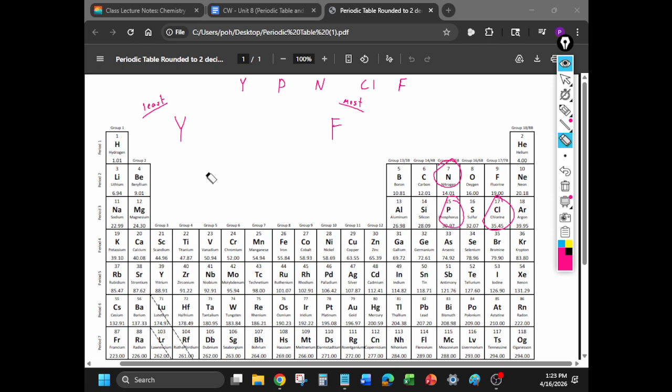Next one. Which one of these 3 is the least electronegative? Yeah, P, because it's still on the bottom left for this group. So Y, and then P. And then we have N and Cl, which is hard to tell now, right? Because they're close. It doesn't matter which one's higher or which one's to the right. So we're going to use the process that we talked about before to compare them.